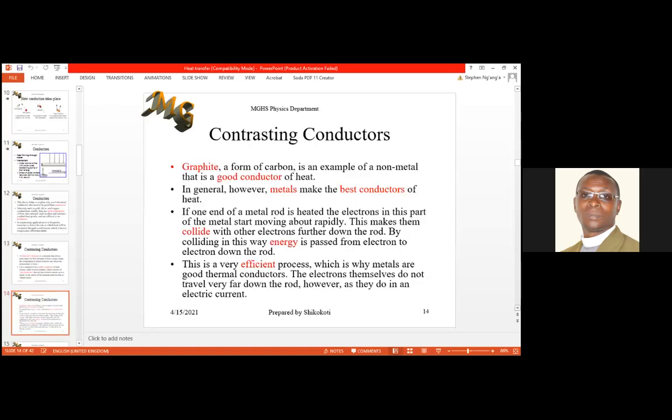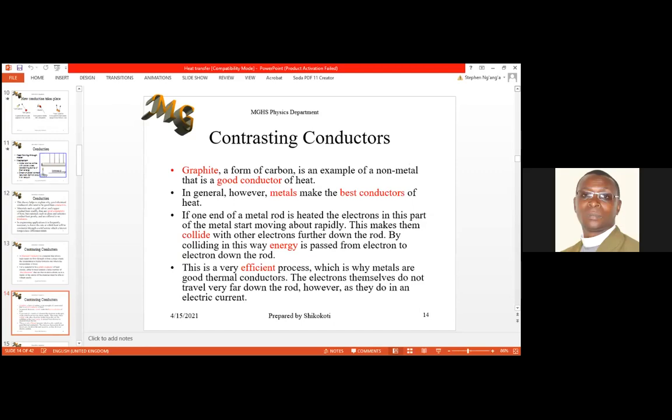Of course, we need to know how heat is transferred, and we can compare how different materials conduct. So metals are good conductors.